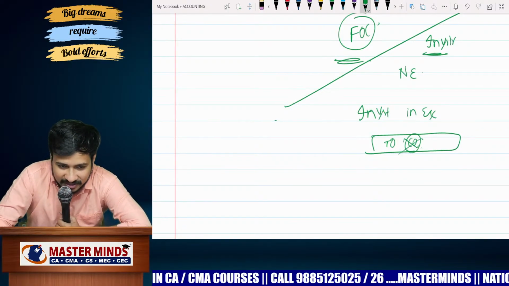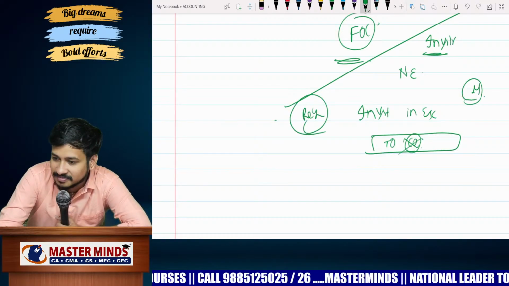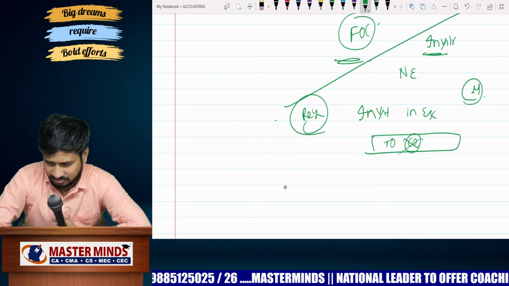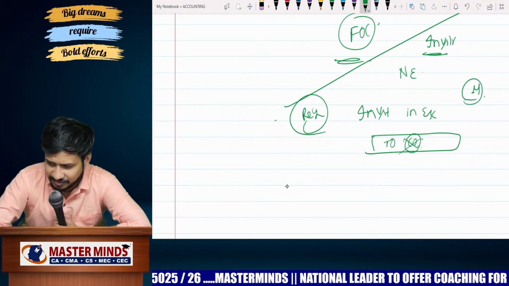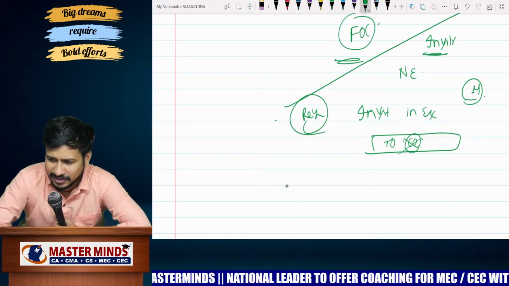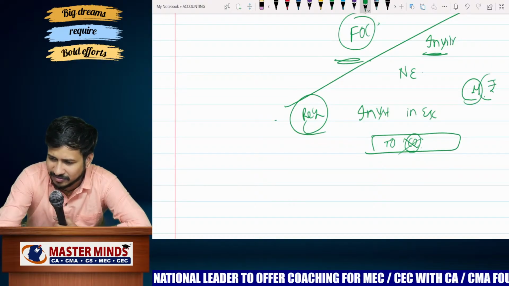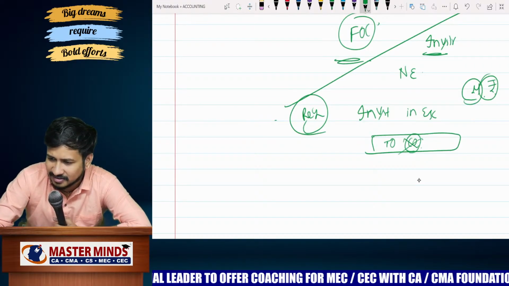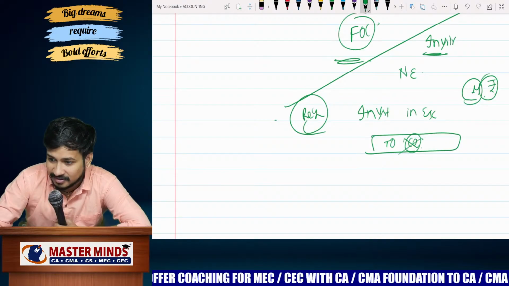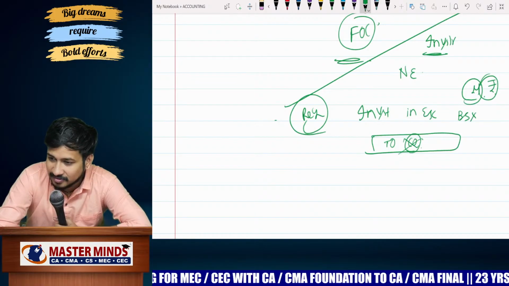Let's assume we have to write something. Recognition is absolutely okay. Measurement? Measurement will be written with a number from when? Measurement is all about amount. You have to write an entry. What is that? Number of bonus shares received multiplied by what value?